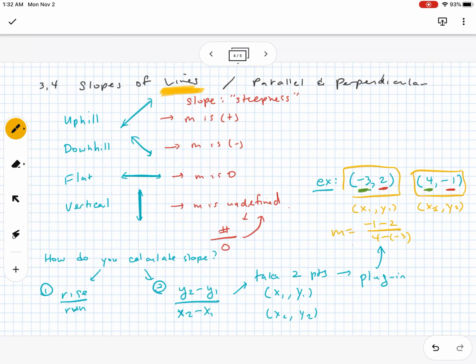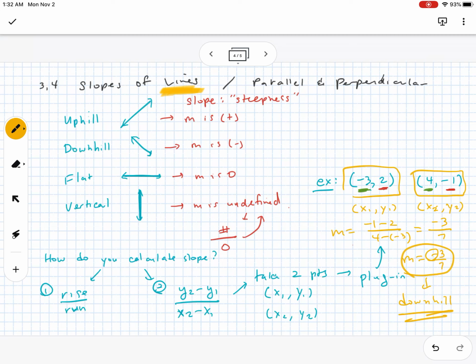So m equals -1 minus 2 over 4 minus -3. What I just did was y2 minus y1 over x2 minus x1. That becomes -3 over 4 plus 3, which is 7. So my slope is -3/7, which tells me that it's a downhill graph.